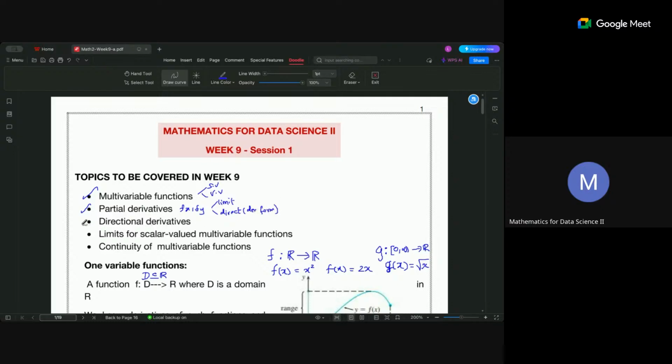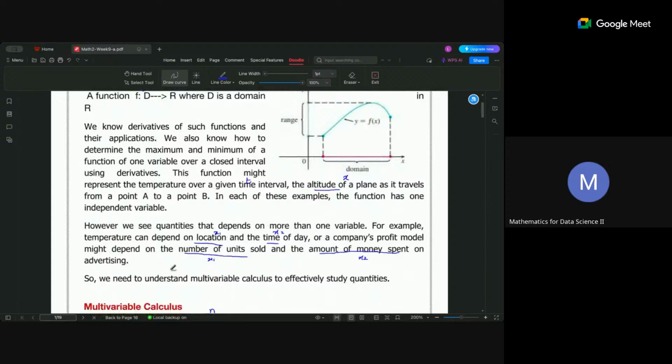Then we saw directional derivatives, one using the limit formula and the other using gradient. So please go through everything, because definitely for the remaining weeks, this is the base. Please go through everything before the next session, and whatever problems we have not completed, you will be doing in tomorrow's session.